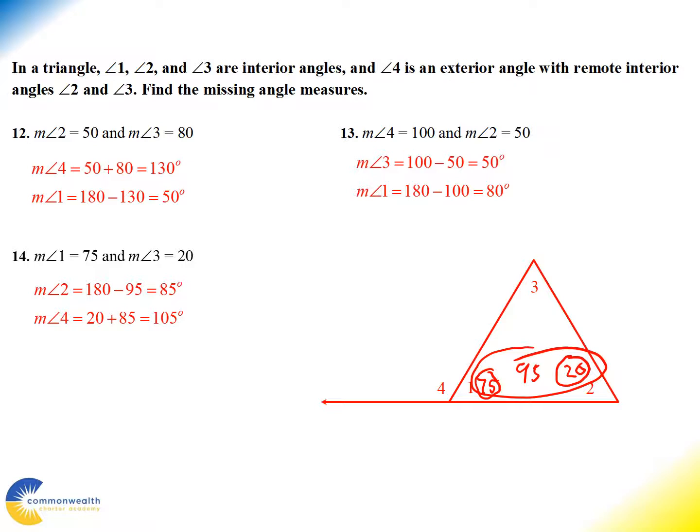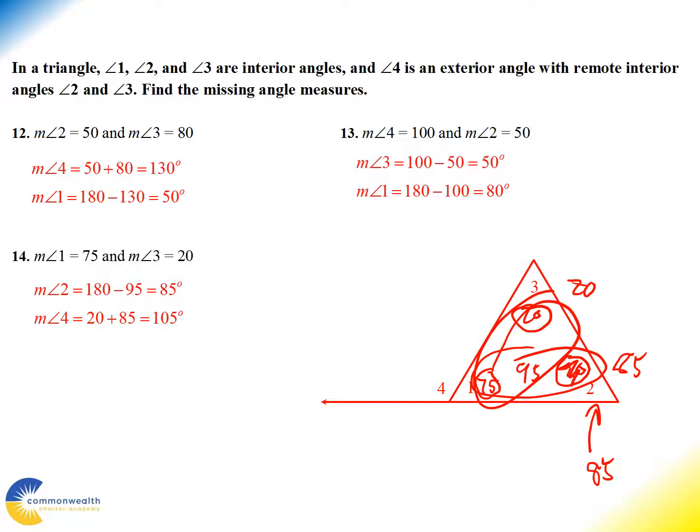I had this mislabeled; actually, this is 20, so these total 95. If I take 95 away from the total of 180 inside the triangle, then I know this is 85. And then the measure of angle 4, since this is now 85 and this is 20, I just add those together and I get 105.